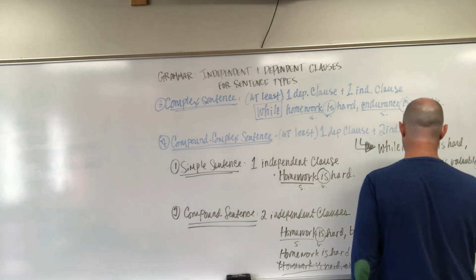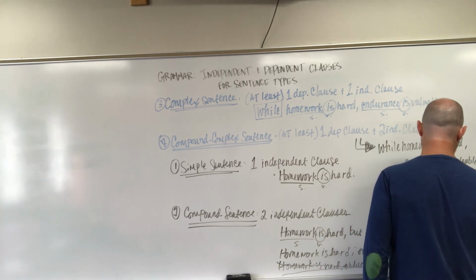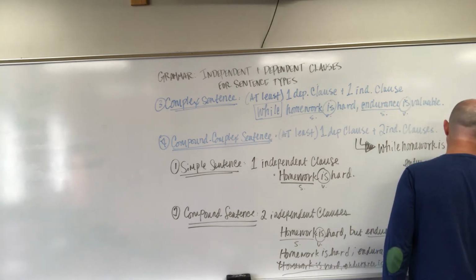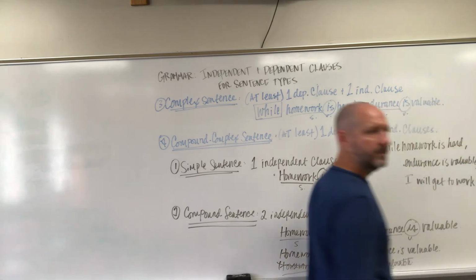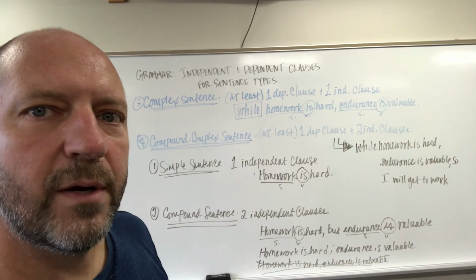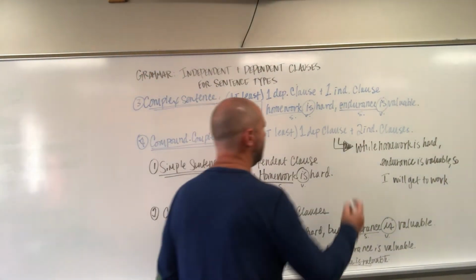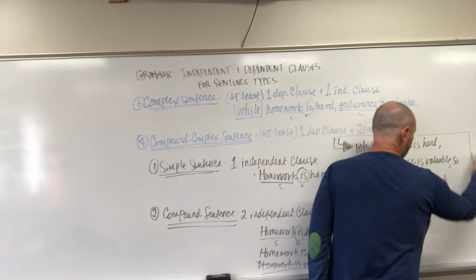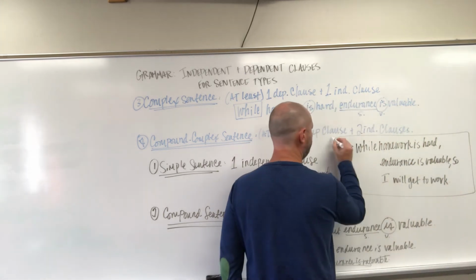So, I will get to work. All right? Move that over a little bit so you can possibly see that better. All right? So let's look at this as if it's one single sentence. All its parts I have broken up.